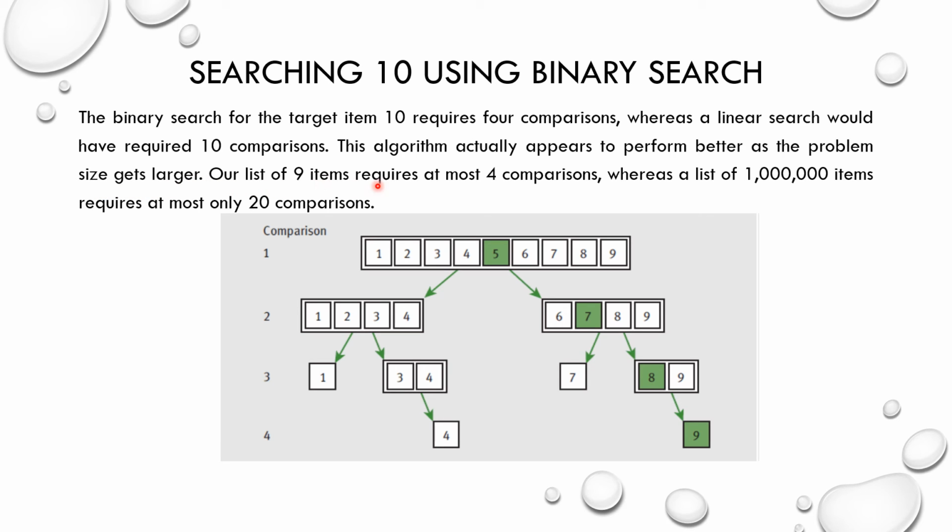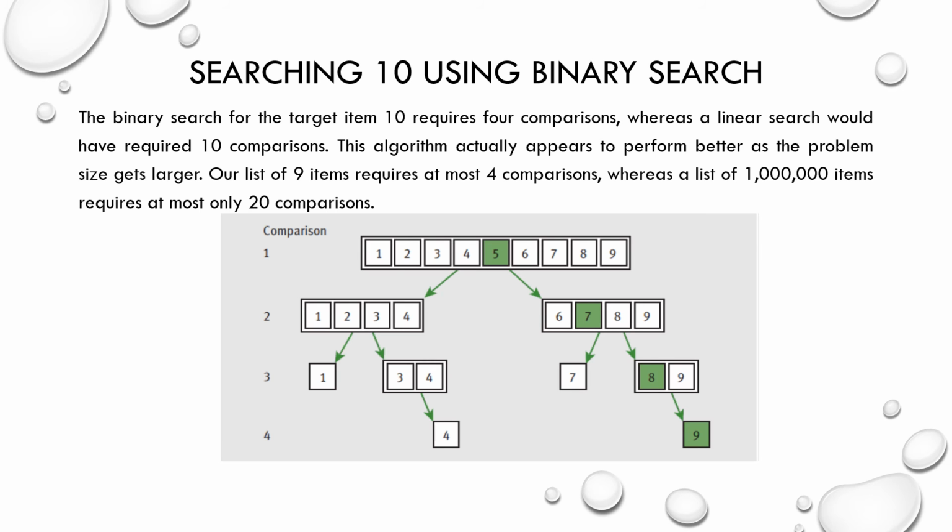Our list of 9 entries requires at most 4 comparisons, whereas a list of 10 lakh items requires at most only 20 comparisons, while linear search will require 10 lakh comparisons. You see how much time difference comes when the elements are larger.